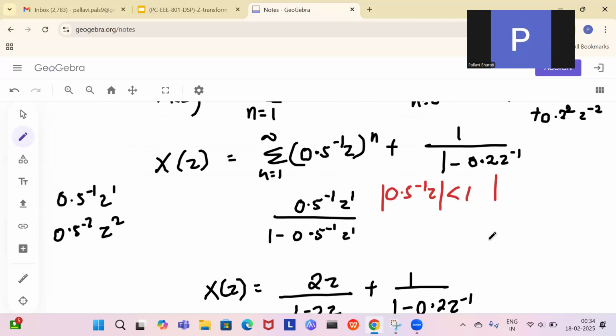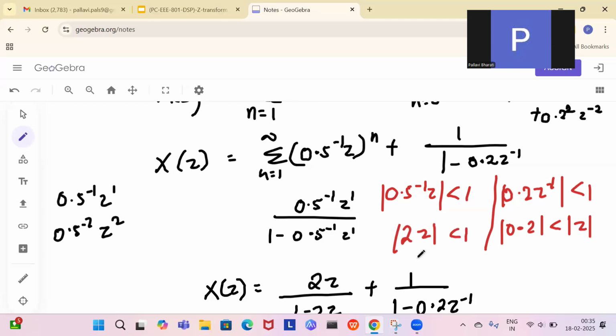And this side, 0.2 z inverse should be lesser than 1. So first let us solve the other one. 0.2 z inverse means 0.2 divided by z. So this z, if it goes to this side, it becomes mod z greater than 0.2. Now this part is actually what? 2z less than 1. So you can write mod z lesser than 1 by 2.